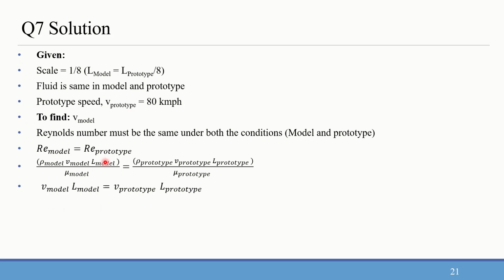So from this we can calculate V model as V prototype into L prototype by L model. V prototype is 80 km per hour, and L prototype by L model is 8, or L model by L prototype is 1/8. So 80 into 8 is 640 km per hour.